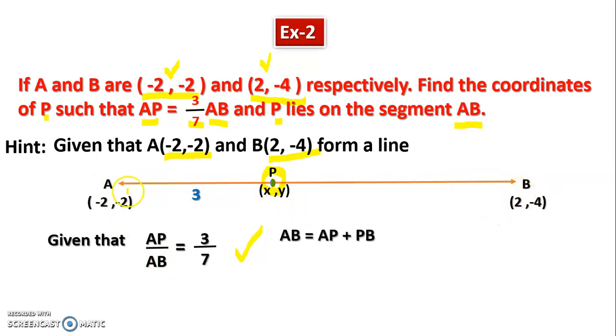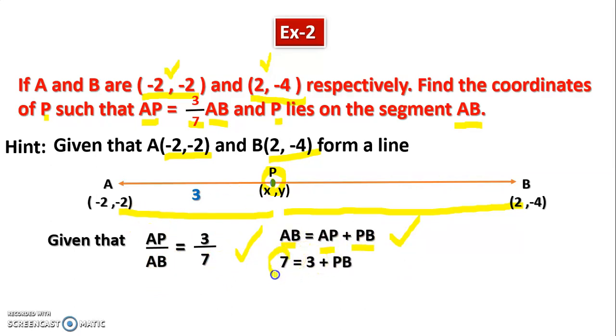So take the relation: AB equals AP plus PB, the total length equals the sum of the part lengths. AB is 7 and AP is 3, then we find the value of PB, that is 4. So PB equals 4.